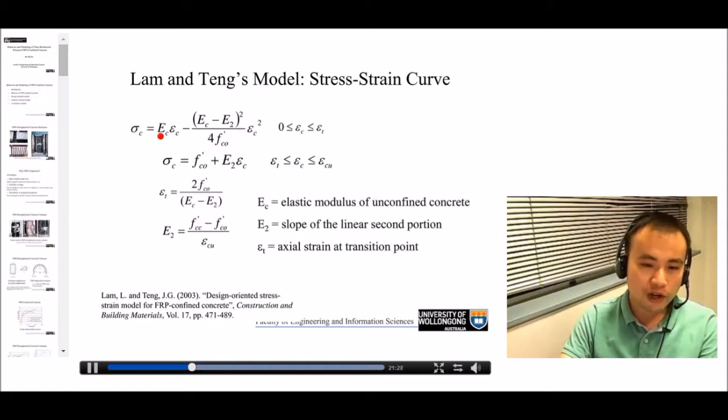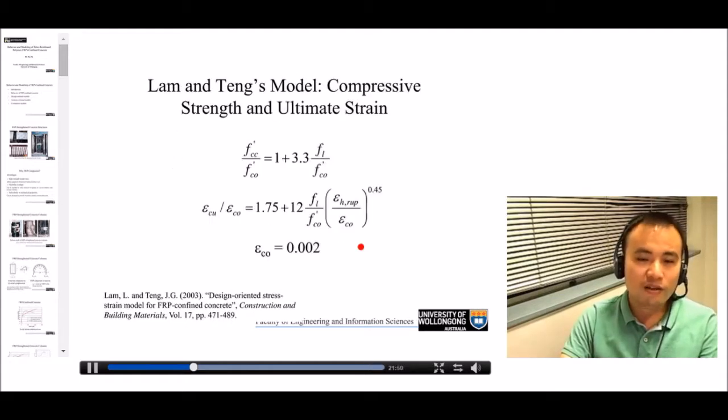So basically, it's a parabolic equation for the first stage, as you can see here, and a linear equation for the second. And of course, you need to define some important parameters, such as the strength at the connection point of these two stages, and also the stiffness of the second linear stage. Another important point is the ultimate point.